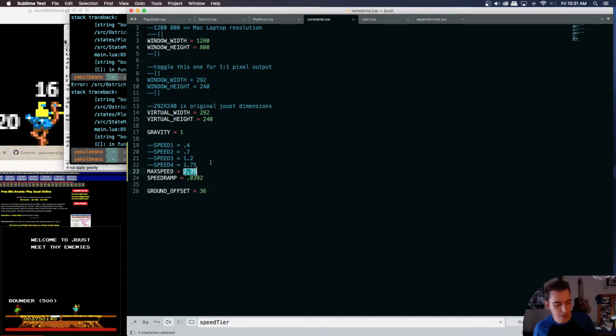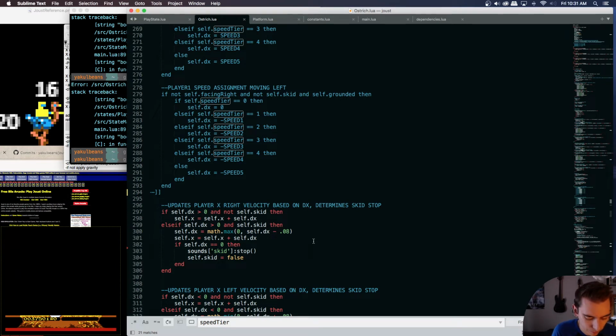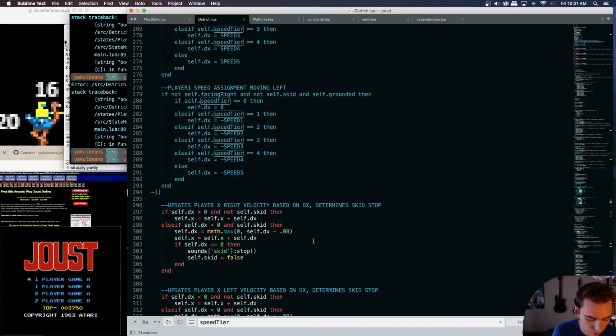But we want it to be a bit slower, because remember, our speedTier 1 wasn't as slow as the slowest one in the game. So maybe we want that to be 0.4 or 0.5.